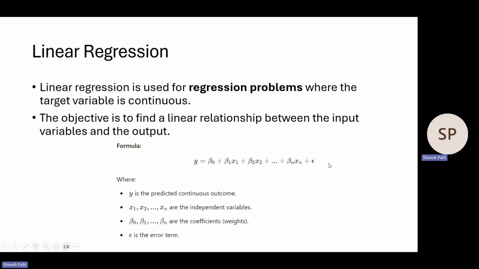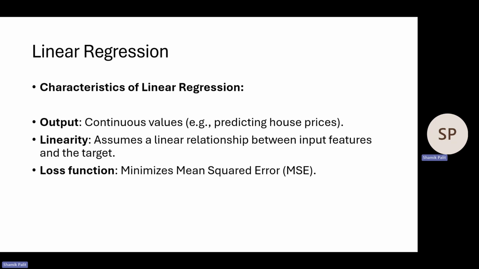This is basically a straight line equation, a linear equation, which is used for any type of linear regression problem. For example, whenever you start predicting house prices, we make use of linear regression strategies.